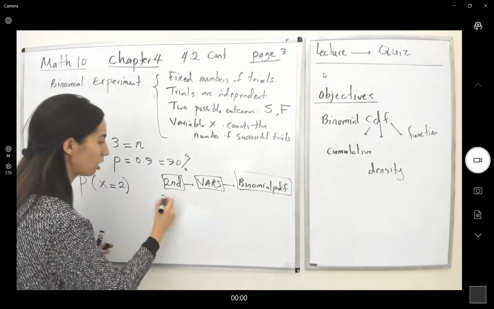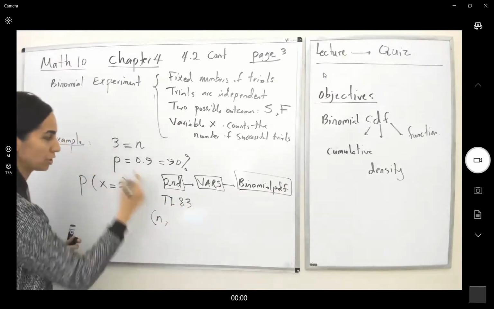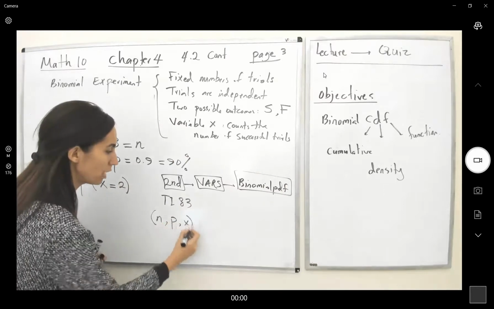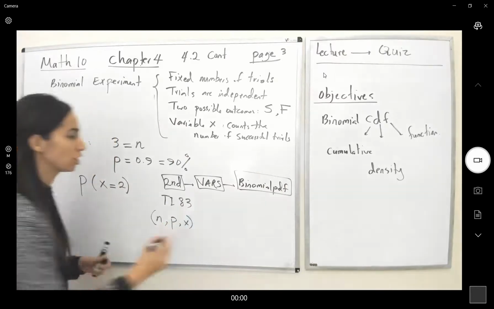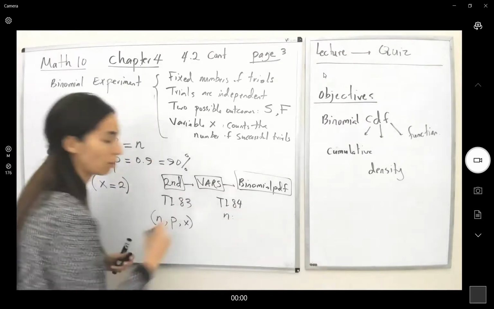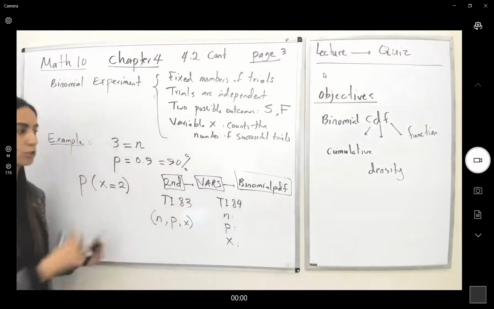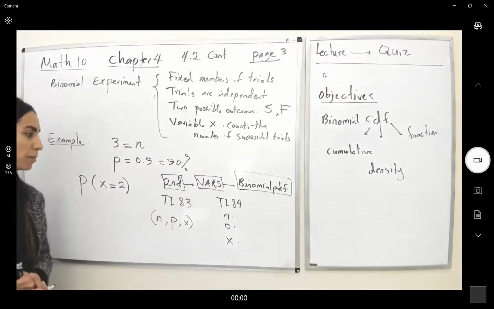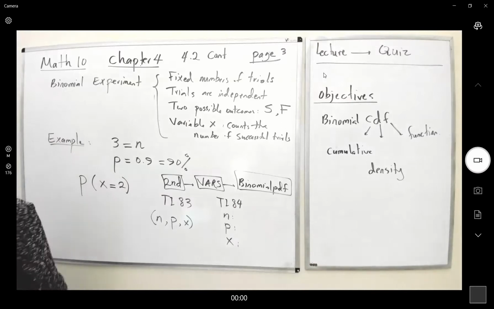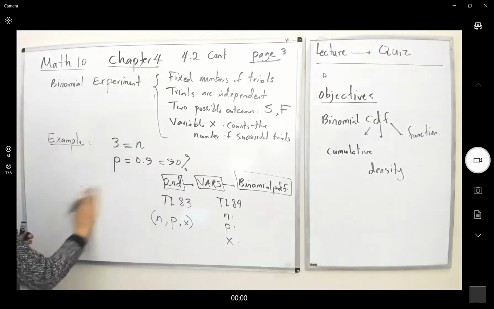If you are using TI-83, you write N, comma, P, the probability, comma, X. And if you are using TI-84, it gives you N, number of tries, then P, then X. Then you get the probability, which in this case was 24.3%.